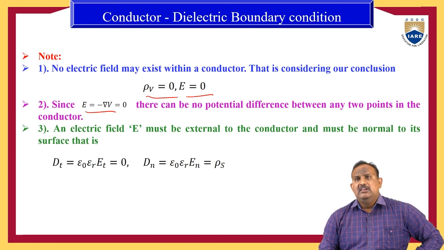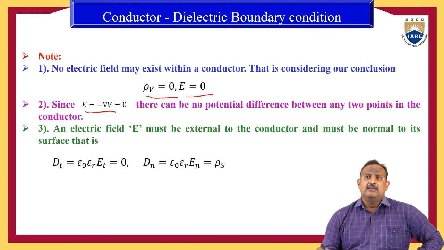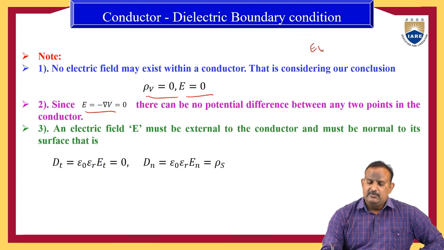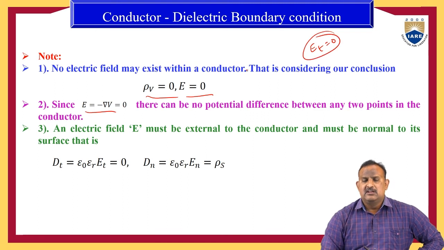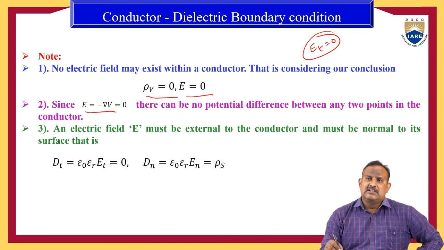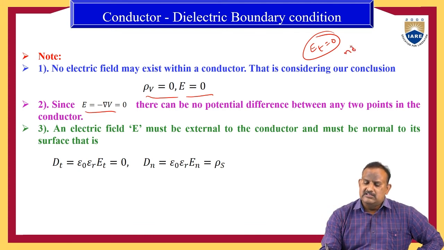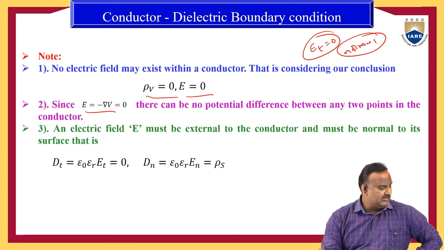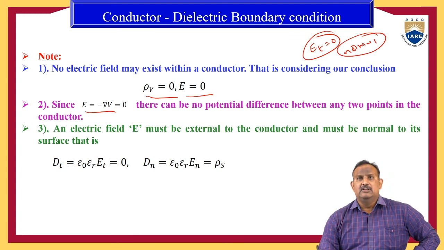An electric field E must be external to the conductor and must be normal to its surface only. Because Et is equal to 0, in the tangential component the electric field is 0. The electric field may be present external to the conductor, and it will be present along the normal direction only.